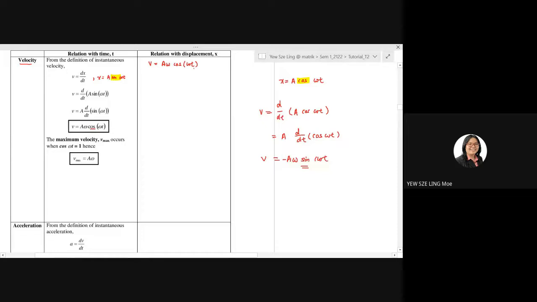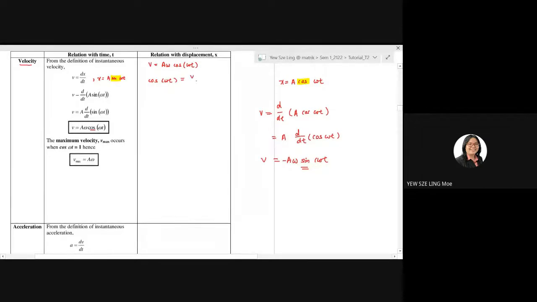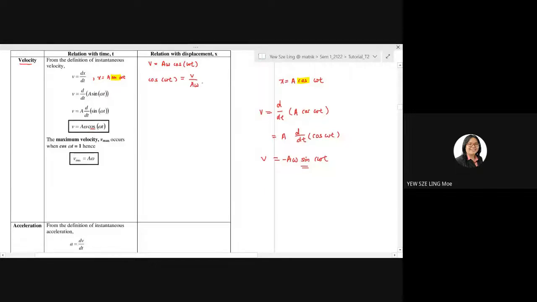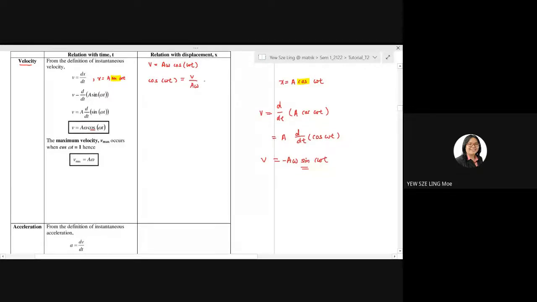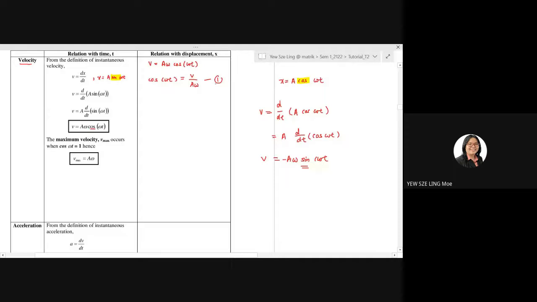That is the equation that we have. So what am I going to do now? I want to rearrange the equation first, so I rearrange until I obtain cos. So cos omega t is then equals to v over a omega. Okay, so this is the first equation.